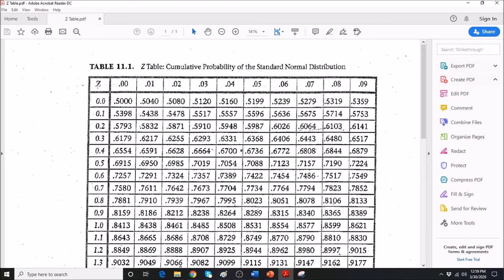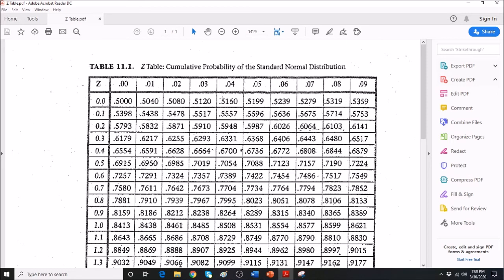We have here the z, and how are you going to read this? Say, for example, if we have a calculated value of 0.25, the tenths value is in the first column, and the hundredths value, or the second decimal place, is located in the rows. So if we have 0.25, we have 0.2 plus the 0.05.